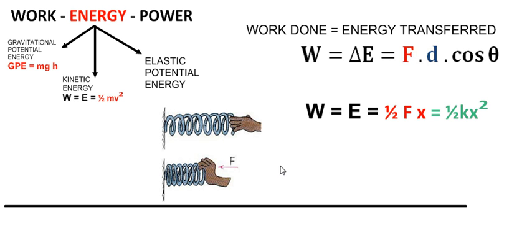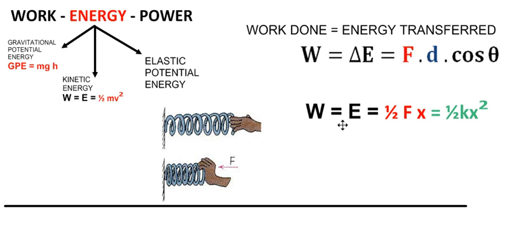So the work done, which is equal to the energy that is transferred to the body, is found by the force times the distance x, and because the force applied will vary with increasing compression, the average force will be 1/2 times F times x.